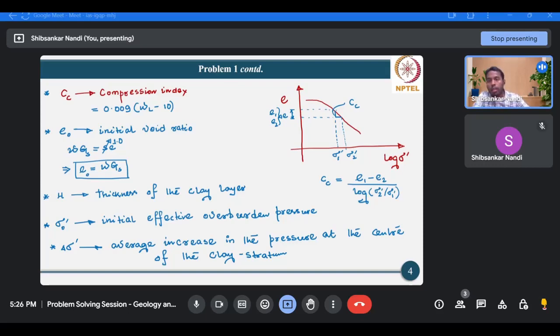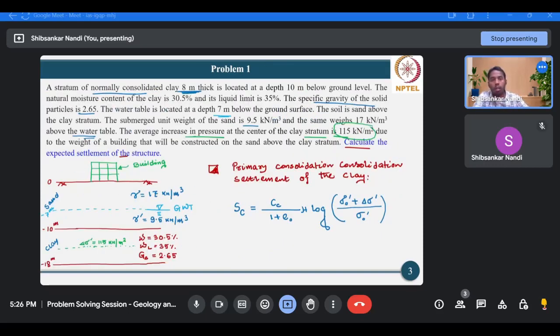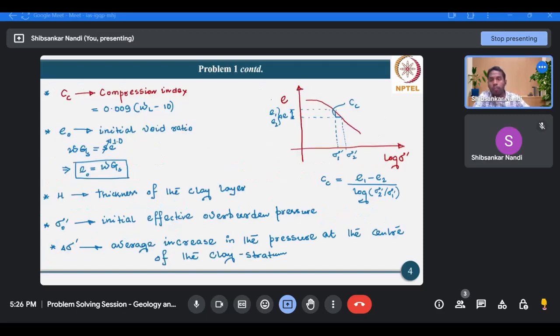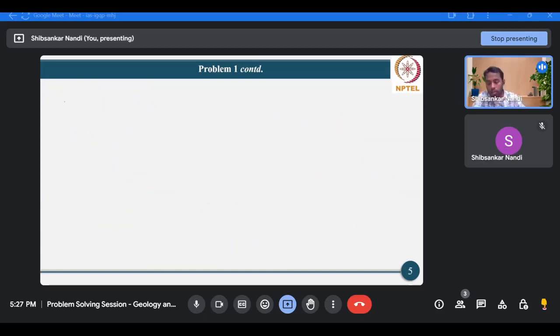As you can see, the compression index you can calculate from the liquid limit of the clay stratum. You can calculate the initial void ratio from this relationship. You know the thickness of the clay layer. You know the delta sigma prime, that is the average increase in pressure at the center of the clay stratum. But for sigma 0 prime, which is the initial effective overburden pressure, you have to do some calculation. What type of calculation? That we'll see.